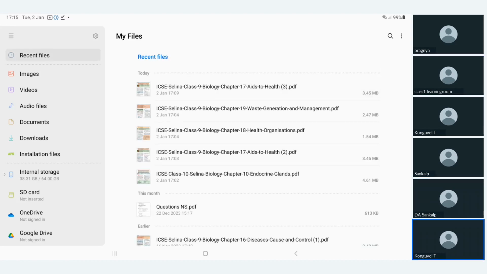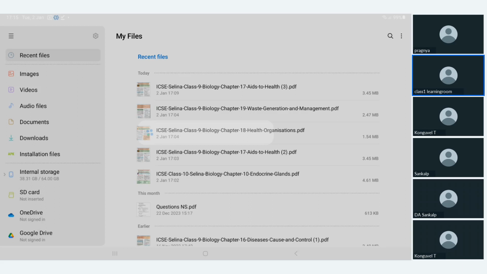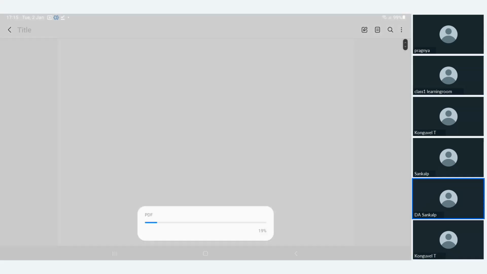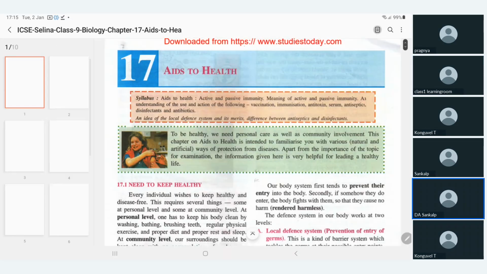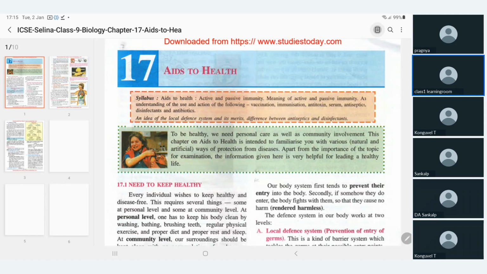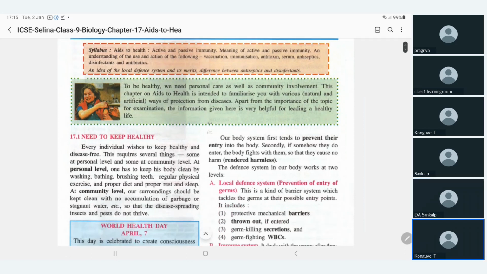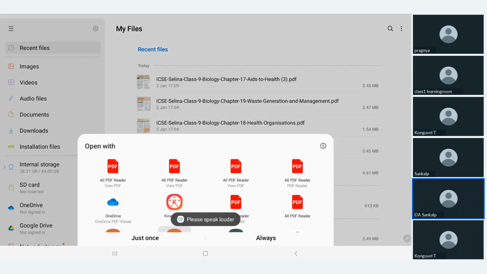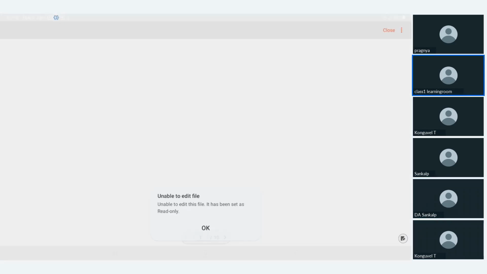Chapter 17. There are two Sankalps as well. Just a minute. There are two Sankalps. The Pragnya one is from our class. How do you know? My mom just told me. Okay.